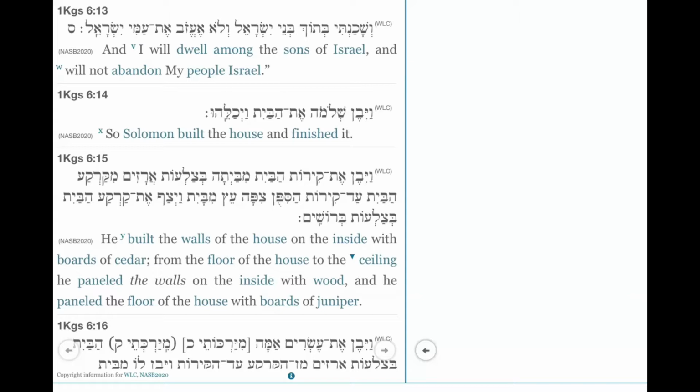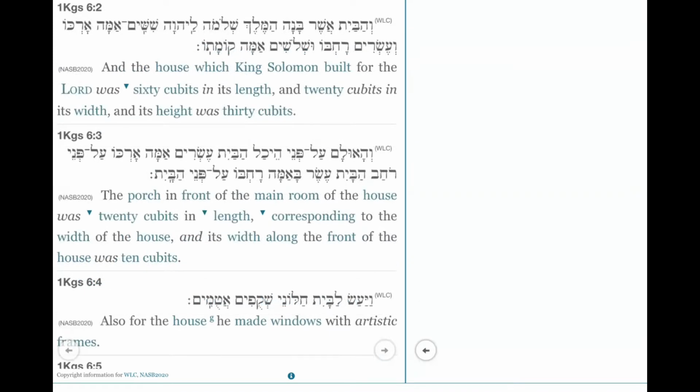Now, before we continue from verse 14, let me just recap and draw the picture right above. When we began, we were looking at the temple dimensions, as you can see here. 60 cubits in length, 20 cubits in width. The height was 30 cubits. I want you to remember 30 cubits because later on you find that it's not all 30 all the way through.